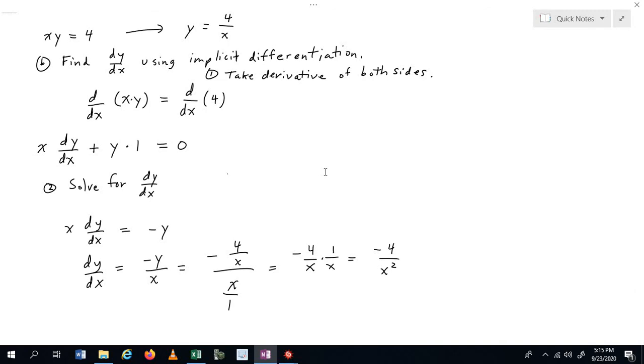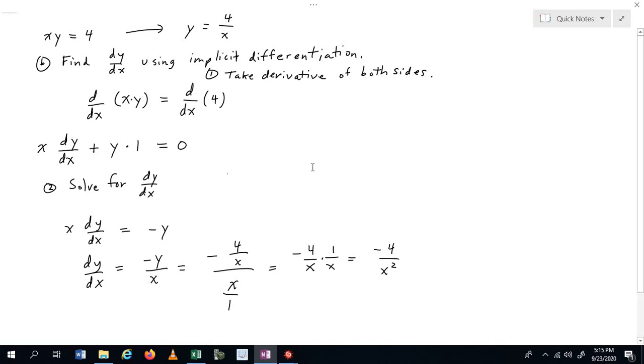And so the examples we're going to see in the rest of this section are going to be cases where we can't get y by itself, where we can't isolate the y. But that is not going to be an obstacle for finding dy dx. We can still find dy dx, but we just have to do it using implicit differentiation instead of explicit differentiation.